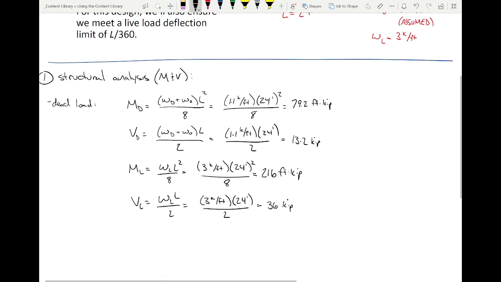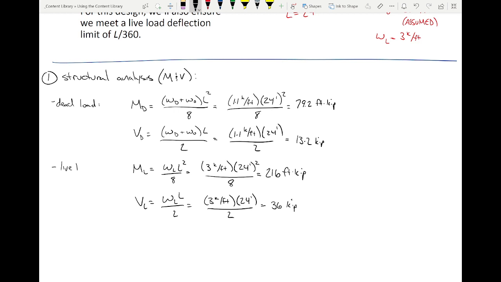Okay, so this is the dead load, this is the live load. So the factored load: Mu is 1.2 M dead plus 1.6 M live, Vu is 1.2 V dead plus 1.6 V live. So what's Mu and Vu going to be? 1.2 times the dead plus 1.6 times the live.